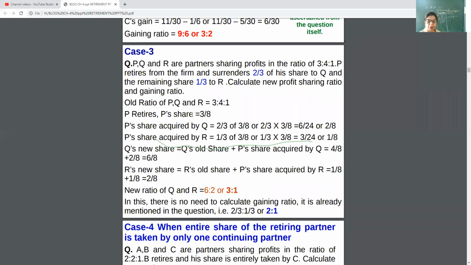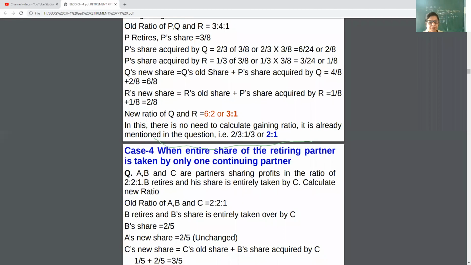What is his share? 3/8. Of means multiply. For calculating the new ratio, by the same formula, new is equal to old plus gain.